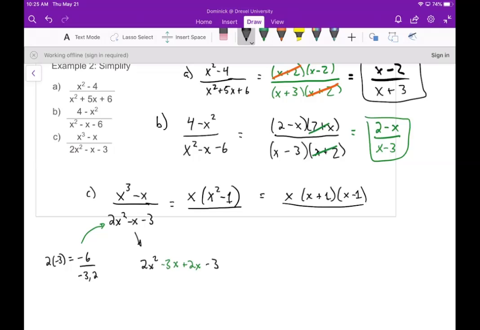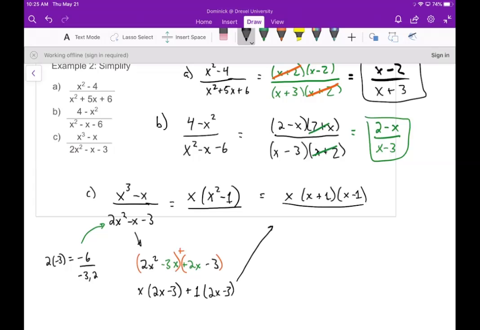Now we'll factor by grouping. We'll group both, put a plus in between, and factor each set of parentheses. Again, if you need a refresher on this type of factoring, you can view that previous factoring video. It looks like I can take an x out of the first part, and I'll have 2x minus 3. In the next part, I already have 2x minus 3, so we're just going to take a 1 out.